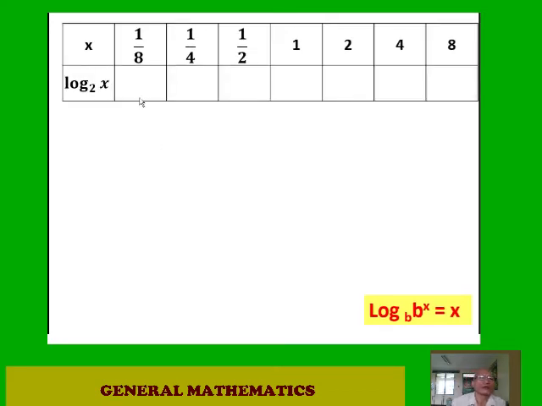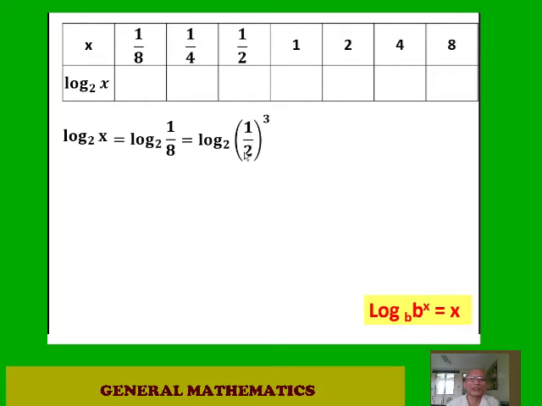Okay, now let us have another table which we are going to complete. Let us determine the value of the logarithm of x base 2 as x increases from 1/8 to 8 also. So let us substitute x with 1/8. 1/8 is 1 half cubed, because 1 cubed is 1, 2 cubed is 8.